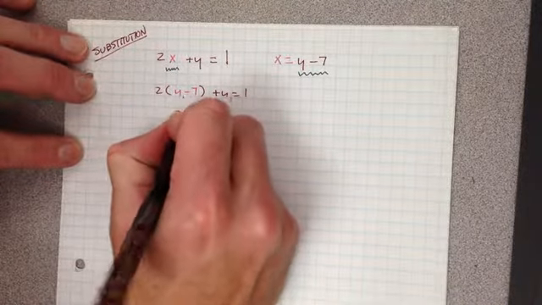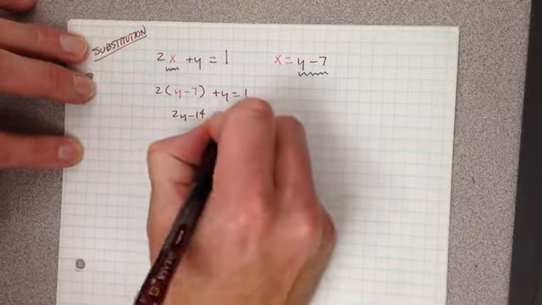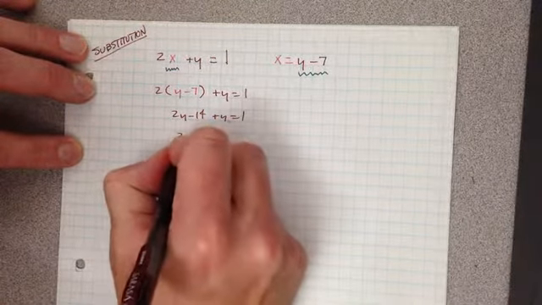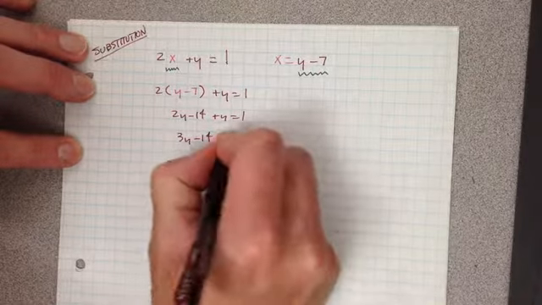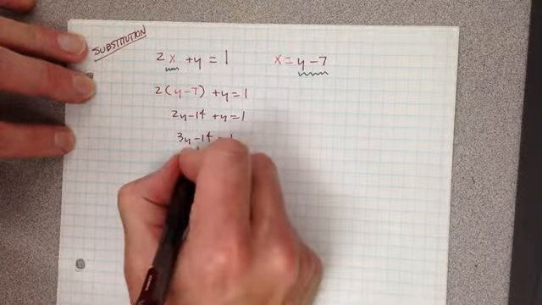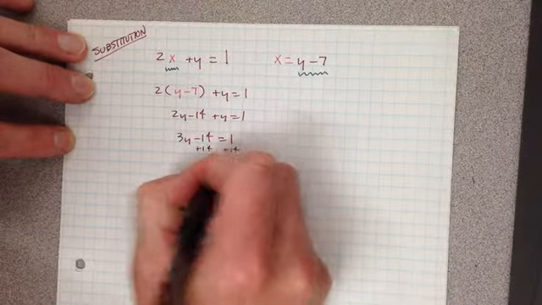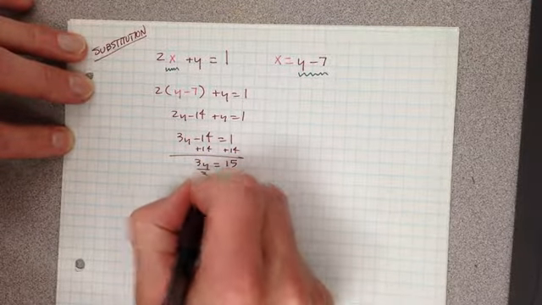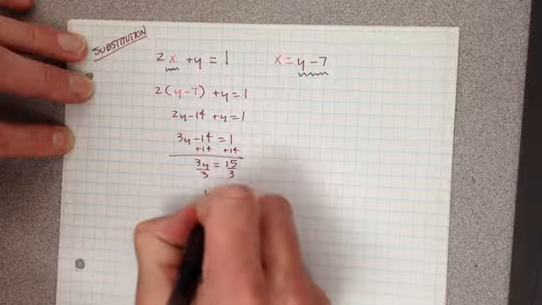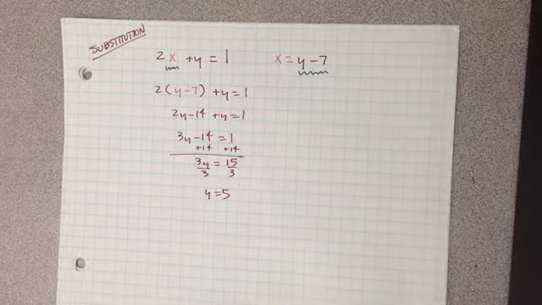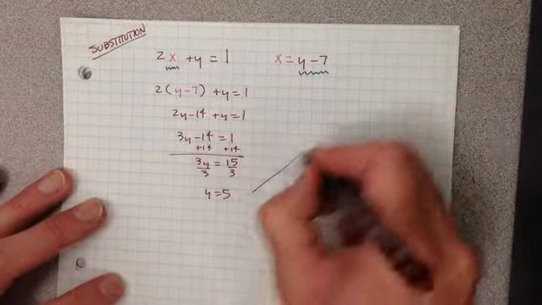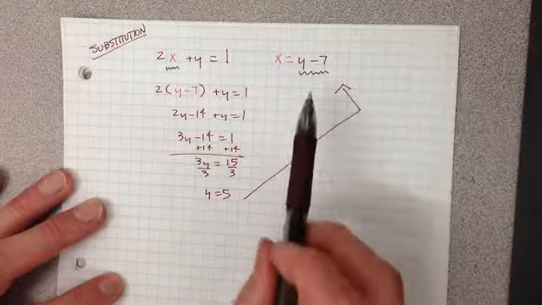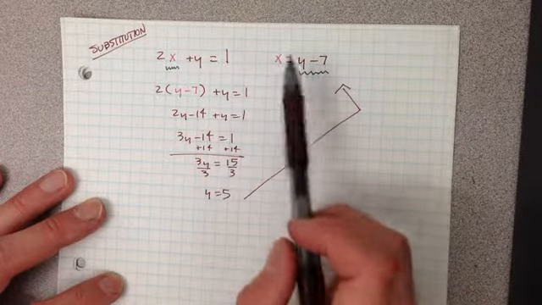Distribute: 2y minus 14 plus y equals 1. 3y minus 14 equals 1. Add 14 to both sides. 3y equals 15. Divide by 3. Y equals 5. You take that and you sub it back in to either one of your previous equations.